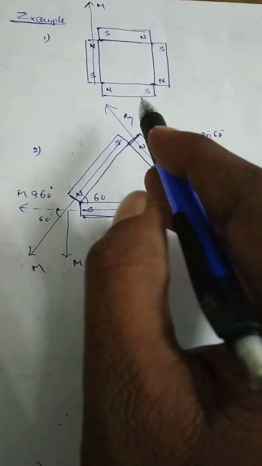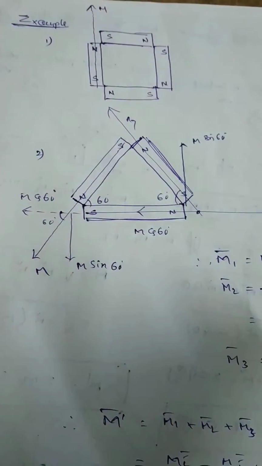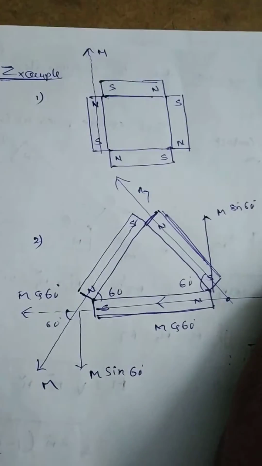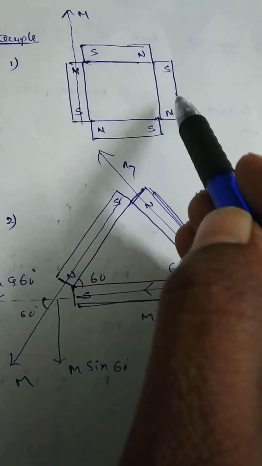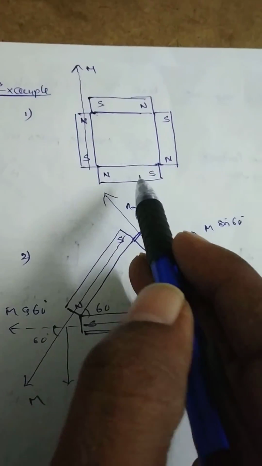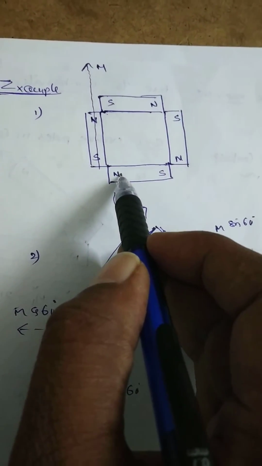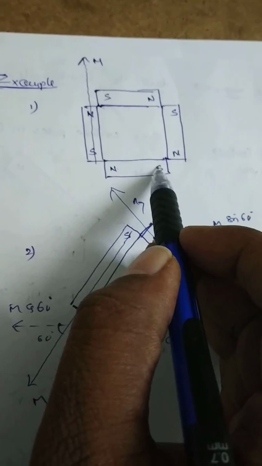Let us consider four identical bar magnets, each of magnetic moment M. They are arranged to form a square. Find the net magnetic moment. Here, let us draw the directions of magnetic moment of each and every magnet.